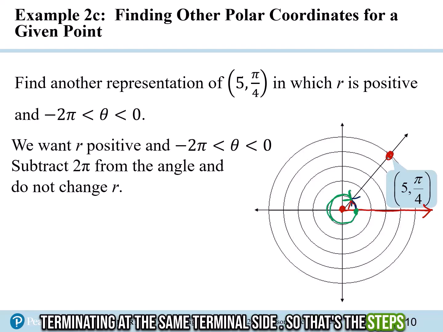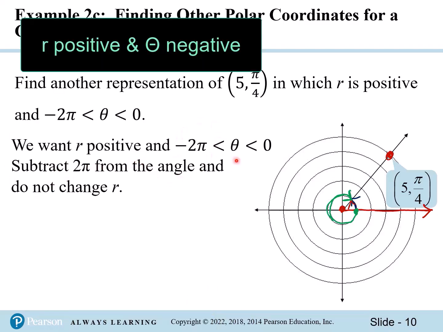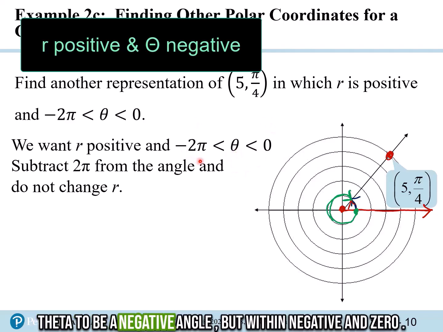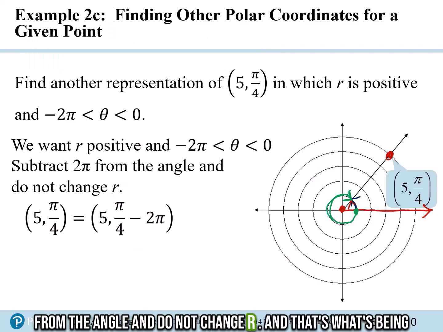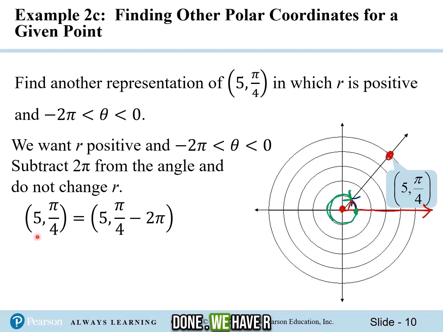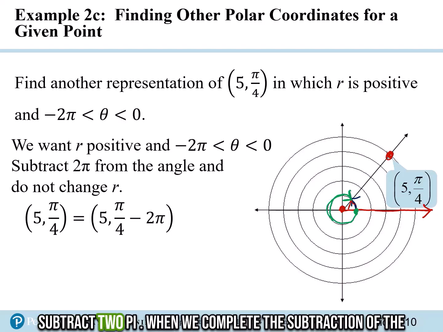So that's the steps that we complete here. We want r to be positive and theta to be a negative angle, but within -2 pi and 0. Subtract 2 pi from the angle and do not change r. And that's what's being done. We have r as 5, and from the pi over 4 radian angle, we subtract 2 pi.